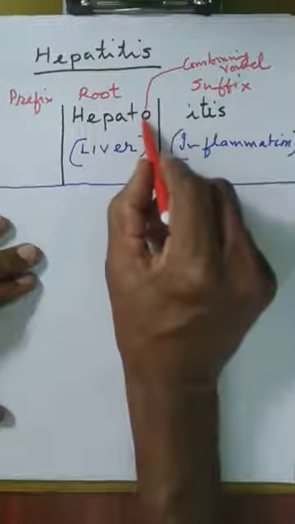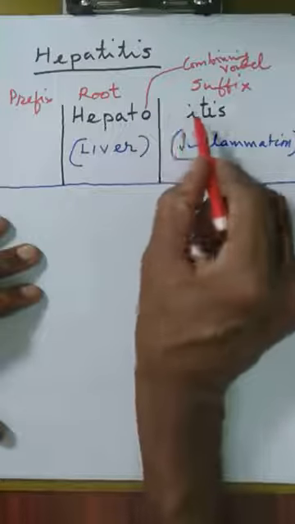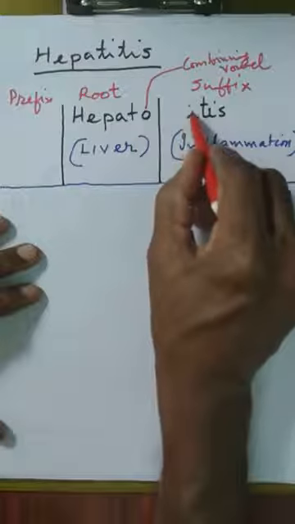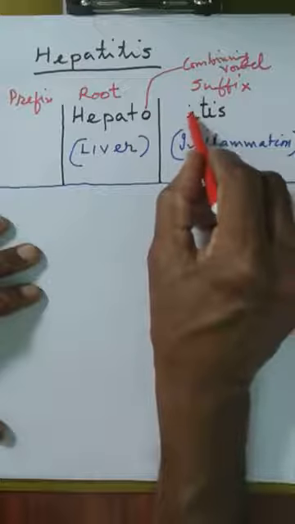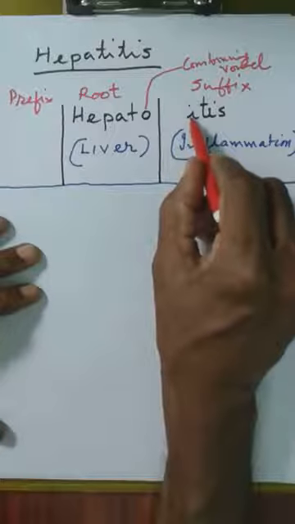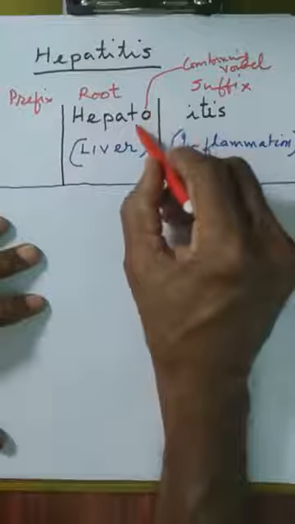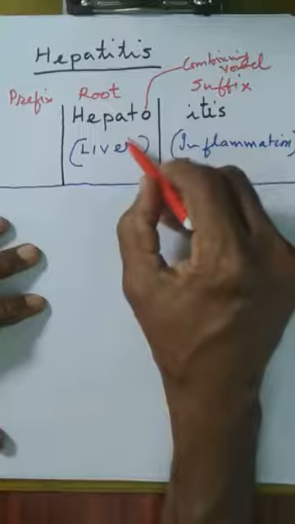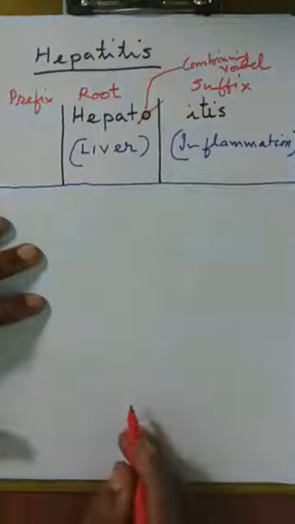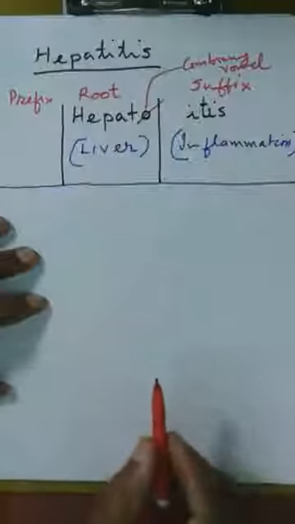This O will be cancelled if it is going to join with a suffix which starts with another vowel. Here I is another vowel. So when O and I come together, this O will be cancelled, and it becomes hepatitis.